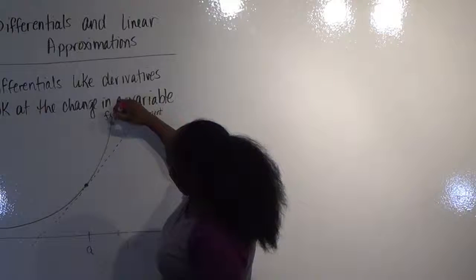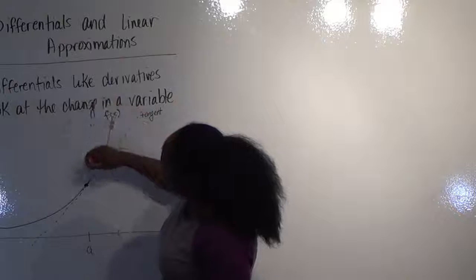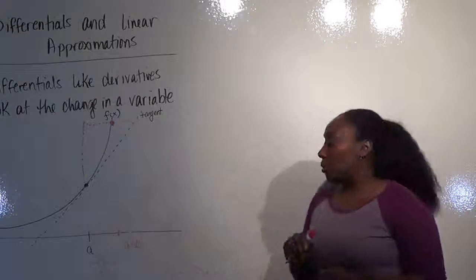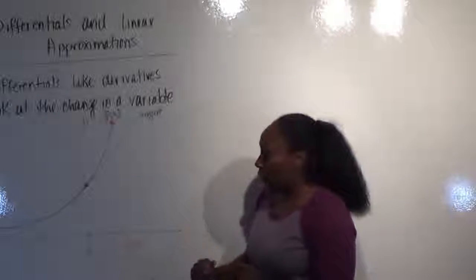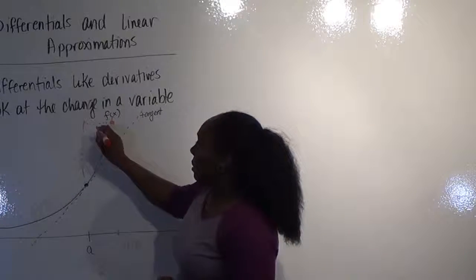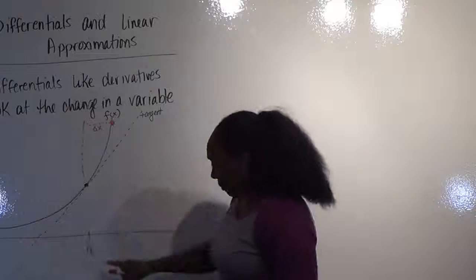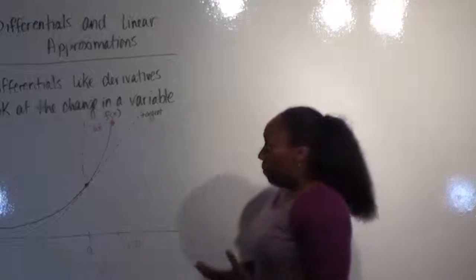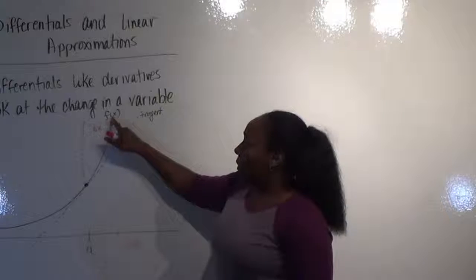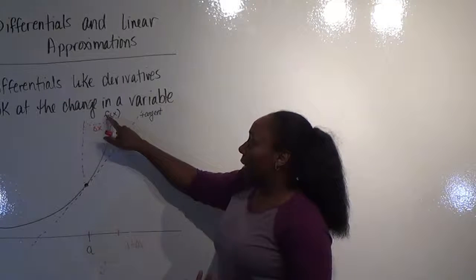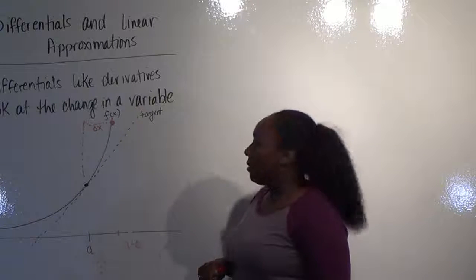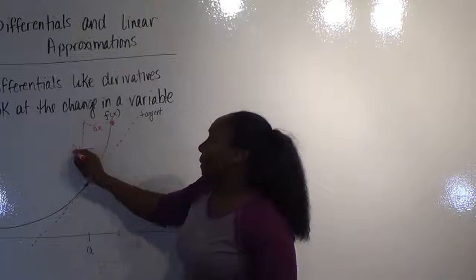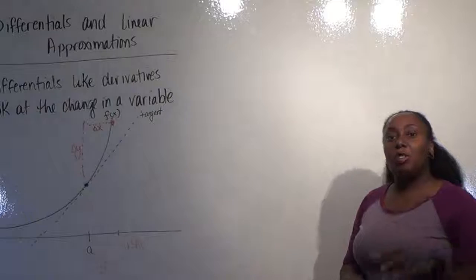Then if I look at the horizontal and the vertical distance there, I can label each of those. This horizontal distance is our delta x, because it's the distance between A and A plus delta x. Also, this point on the curve is just going to be f of A plus delta x, which means the difference between the two is the change in the function value.